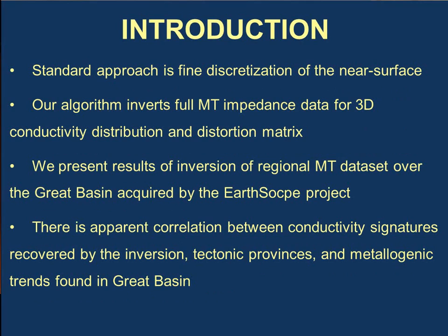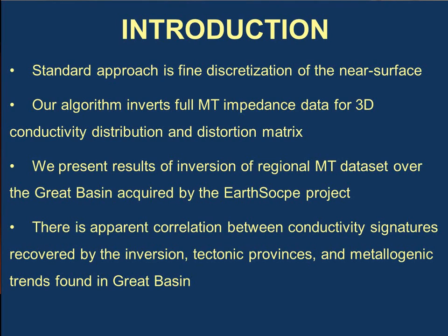So the standard approach to address this, to be able to fit the data with high accuracy, is to have a very fine discretization of the near surface. And of course, you will need a very large machine to do that, or a cluster, and spend a lot of time doing that. What we do, besides inverting for the conductivity distribution of the subsurface, is also invert for what is known as the distortion matrix.